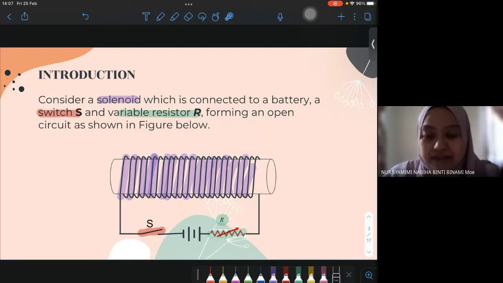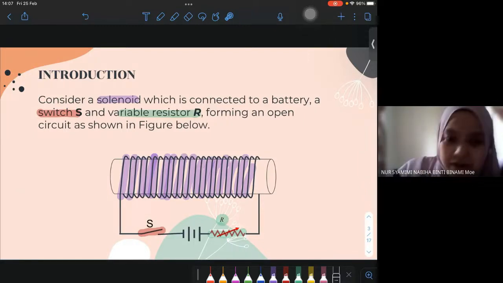Okay, Vincent Darren, what is the function for variable resistor? Kamu asyik blue tick saya je dekat Google Meet ni, senyap je. Yes, madam. Okay, Vincent. Kamu rasa what is the function for variable resistor?